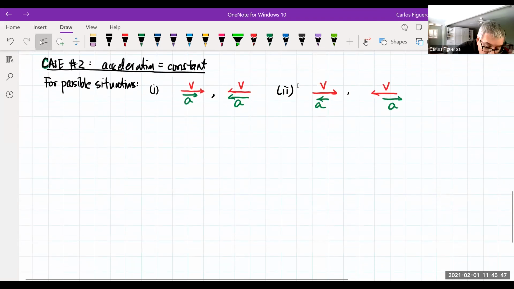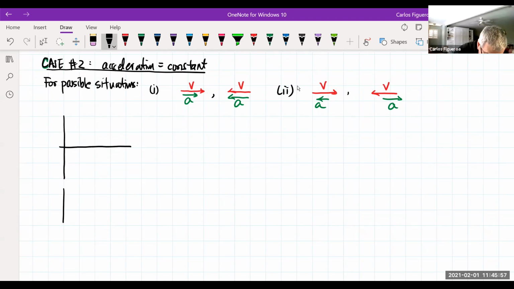Okay, so I'm going to try to draw my graphs here. Let's see, something like this. So I got position, velocity, acceleration. So let's talk about the cases of speeding up.